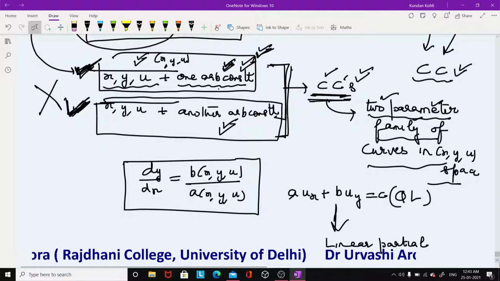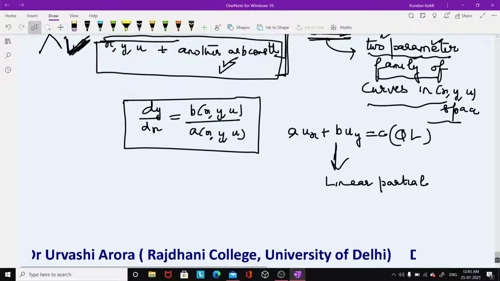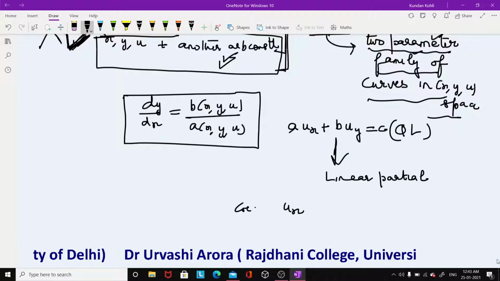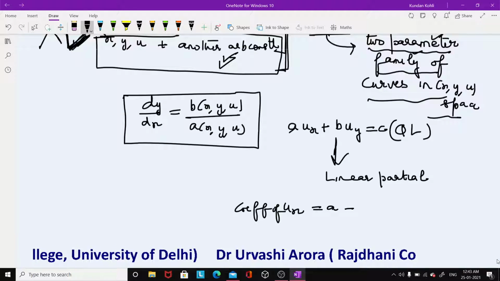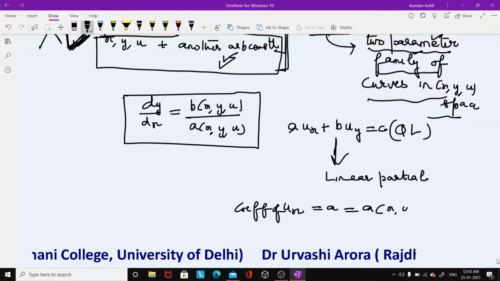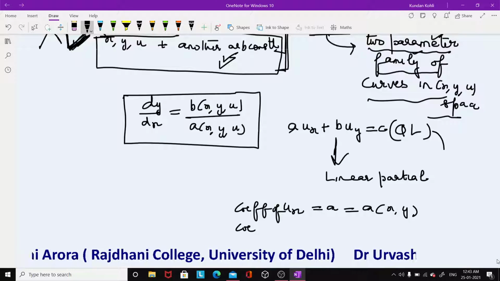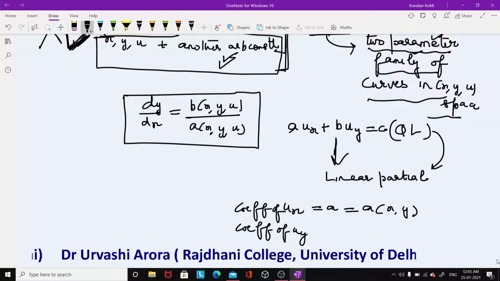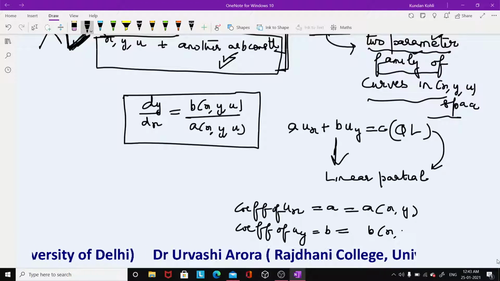In that case the coefficient of u_x, which is a, will be a function of x and y, which means u cannot be present. And again, the coefficient of u_y, which is b, also cannot contain u.